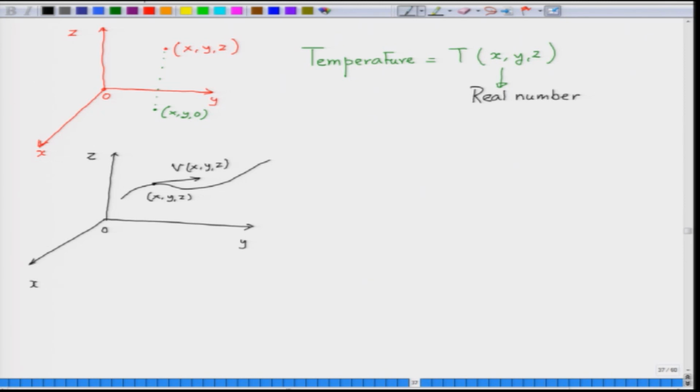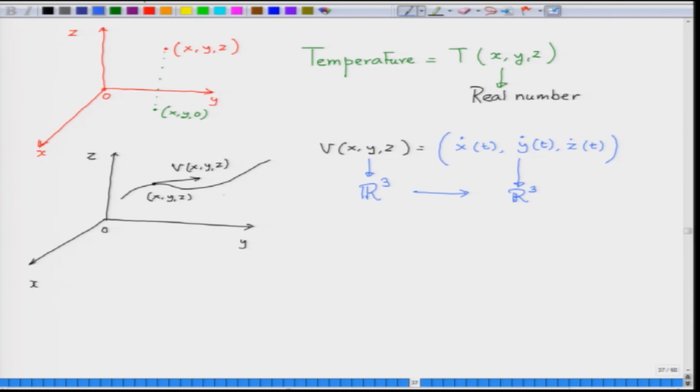Of course, all these points are changing with time, and we know that the velocity vector v at x, y, z is usually given as x dot t, the derivative with respect to t of a function of one variable, y dot t and z dot t. So, here is an example of a function which takes a point in R3 and maps it to another point in R3.